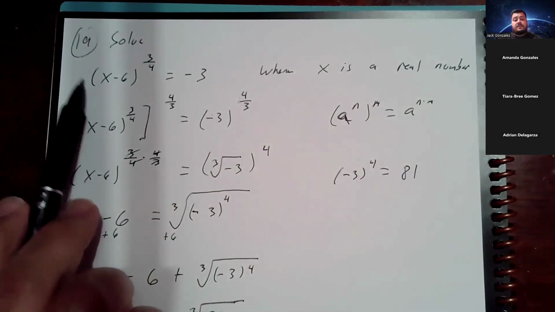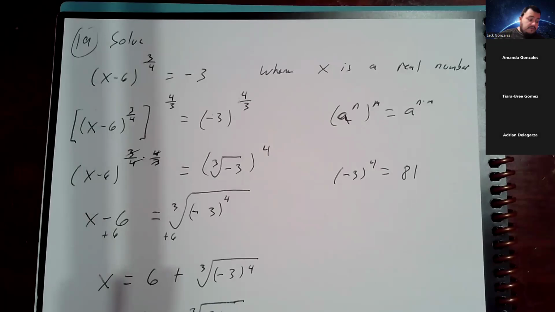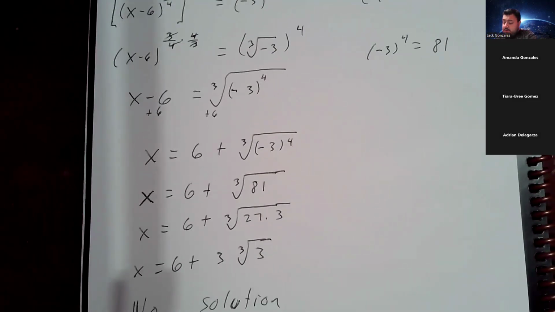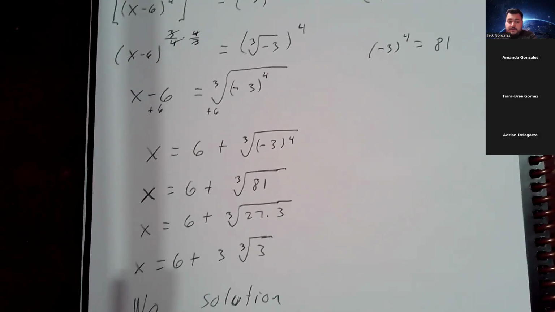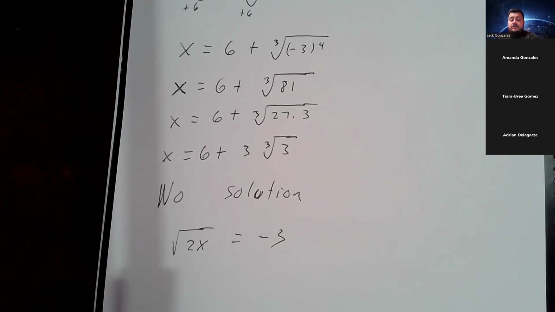Unless there's a negative in front of this, which would be a different problem. So does that make sense? For example, if I had the square root of 2x equal to -3, that has no solution. It's not going to happen.